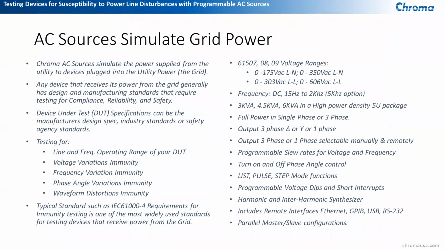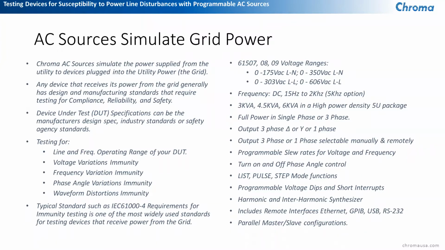AC sources are intended to simulate basically the grid power. Any device that plugs into the wall or into utility power has, from time to time, been interfered with by various disturbances on the line. These are referred to as PLDs, or power line disturbances.